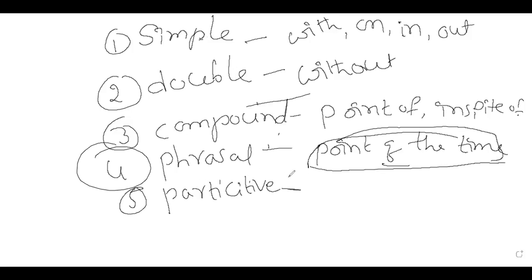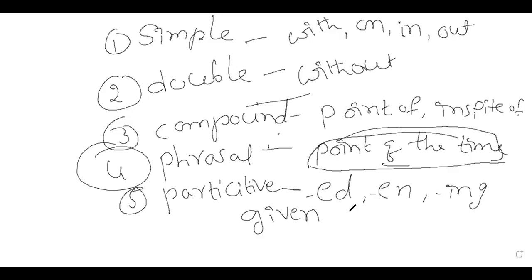Next, the last category, participative prepositions, are those which end in ed, en, or ing. So if any word ends in ed, en, ing and acts like a preposition. For example, if I take given, give is the verb, adding n becomes given, a participle of the verb give.